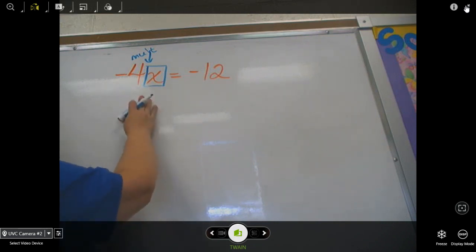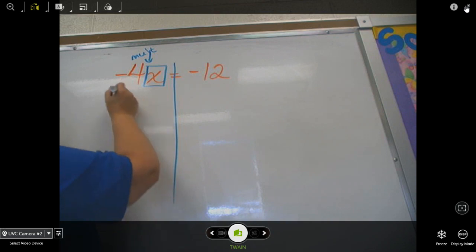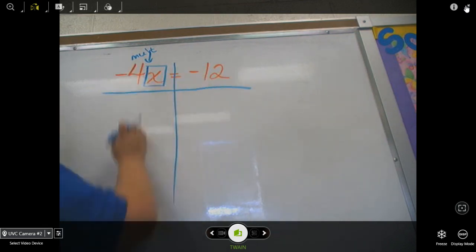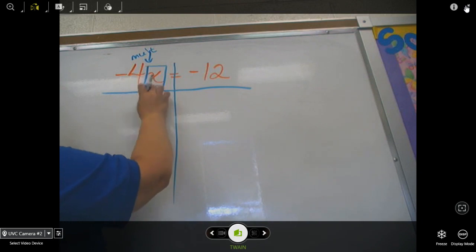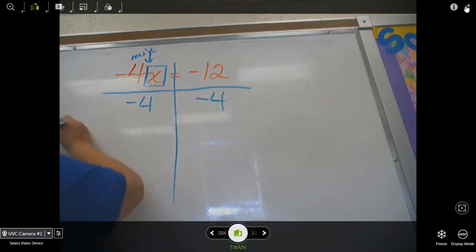What's the opposite of multiplication? What's the inverse of multiplication? Division. I'm going to divide by whatever's in front of the variable, negative included. Everything has to go. It has to be quarantined by itself. So I'm going to divide by -4.